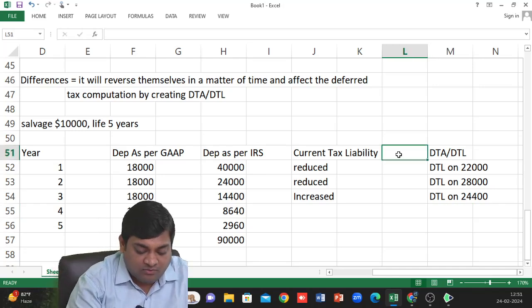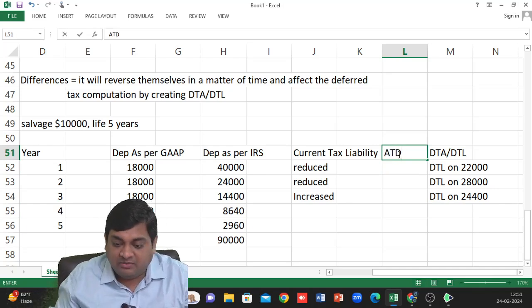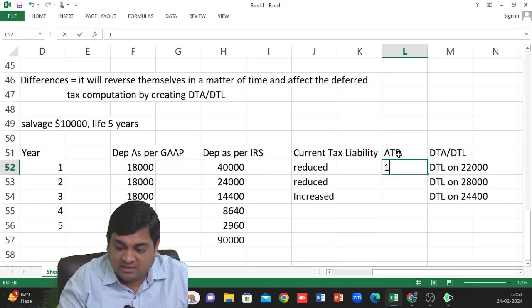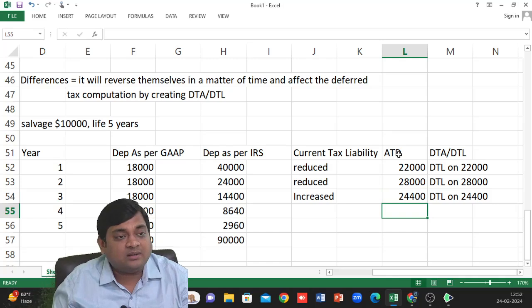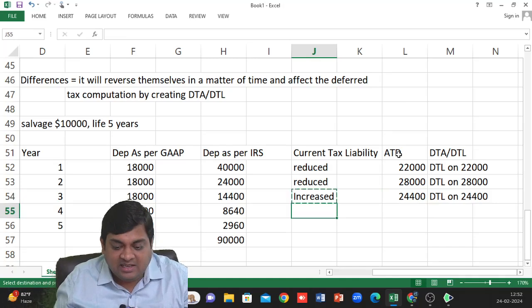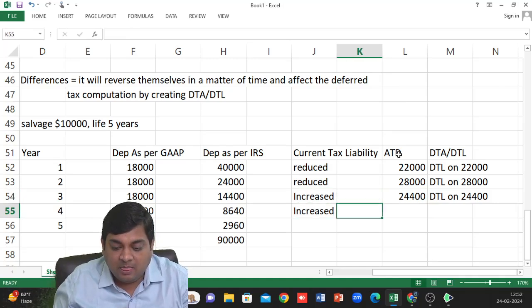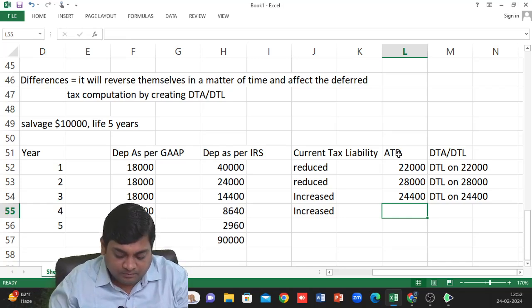You can make one column of timing difference, rather we can call it accumulated timing difference. Here it is 22,000. Here it will be 28,000. Right? Again, my tax liability is increased. Again, my timing difference will be lower. Timing difference will come down. 18,000 I have shown, but income tax is considering only this much.